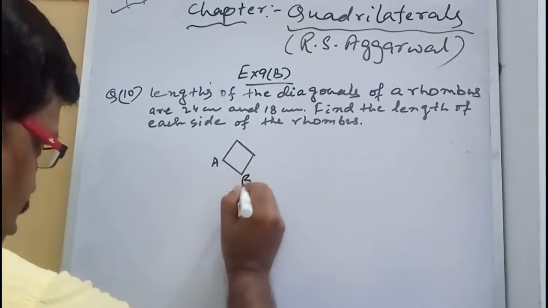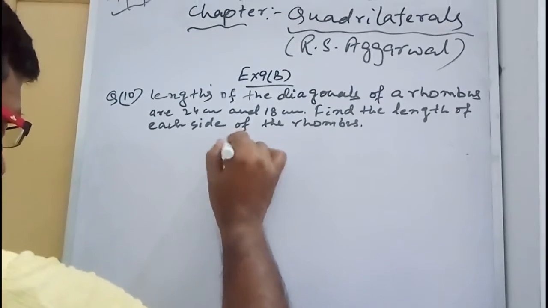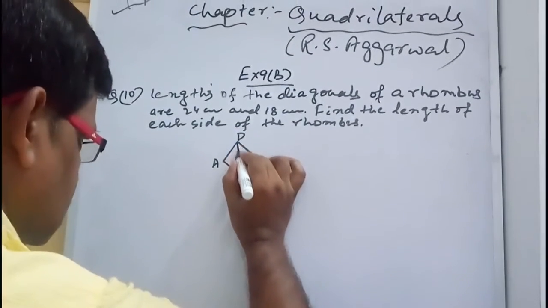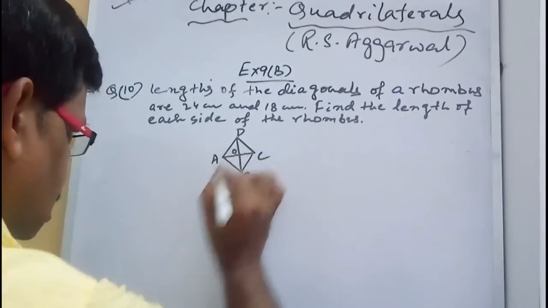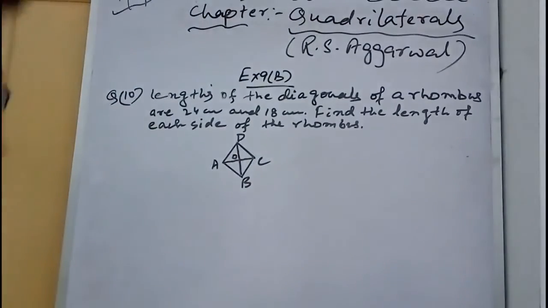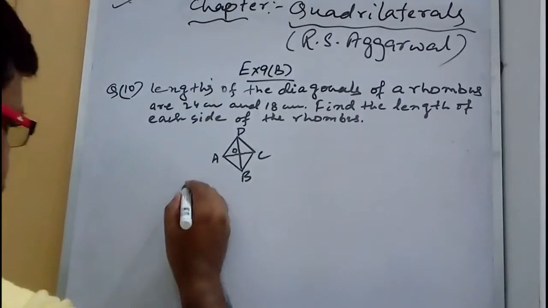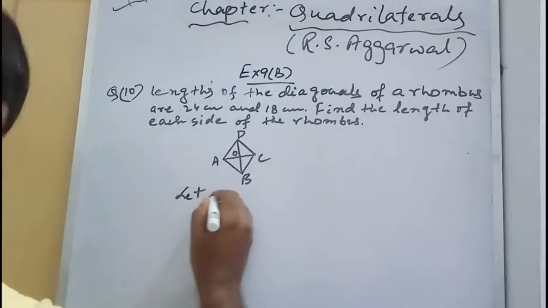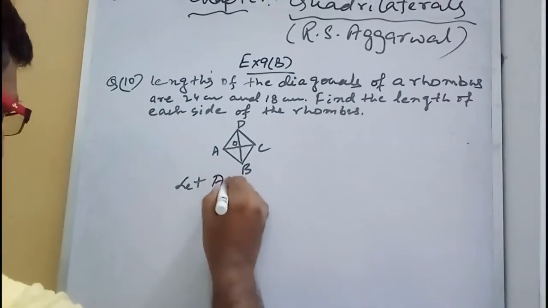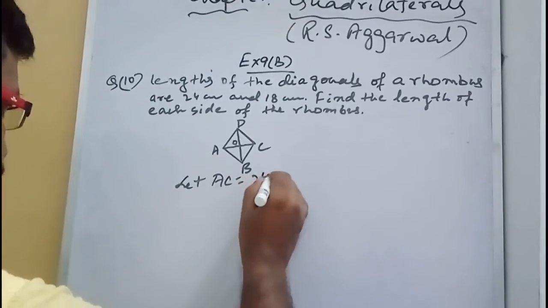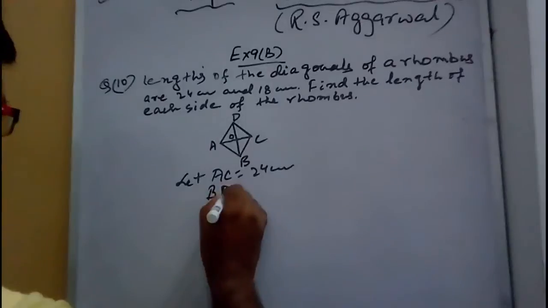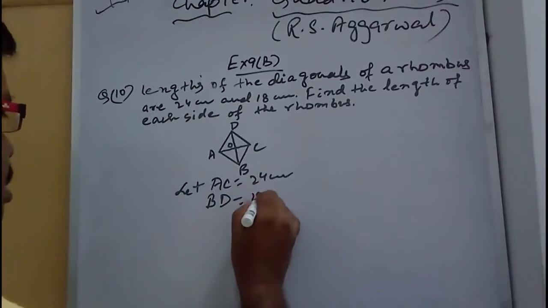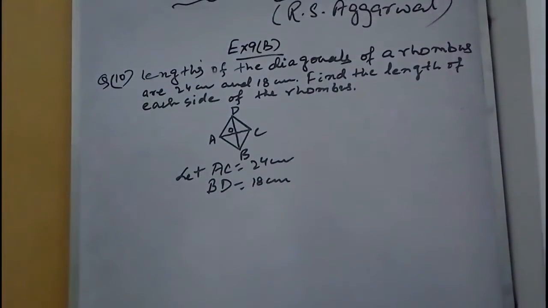ABCD is a rhombus. AC and BD are diagonals. Let AC equal to 24 centimeter and BD equal to 18 centimeter.